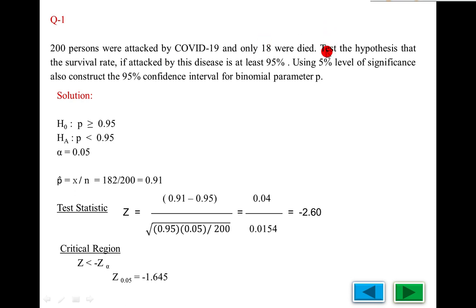So in this, the percentage, probability or proportion is given as 95%. So test the hypothesis that the survival rate, if attacked by this disease, is at least 95%. Mean and standard deviation are not given, as the value of the proportion or percentage is given. Percentage, proportion and probability are the same thing.